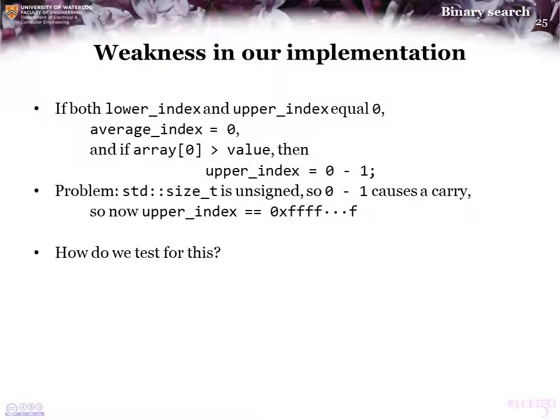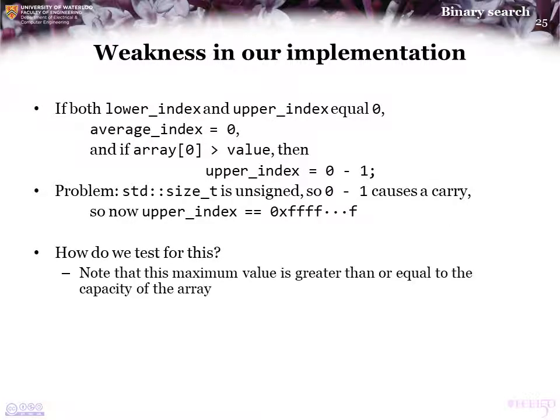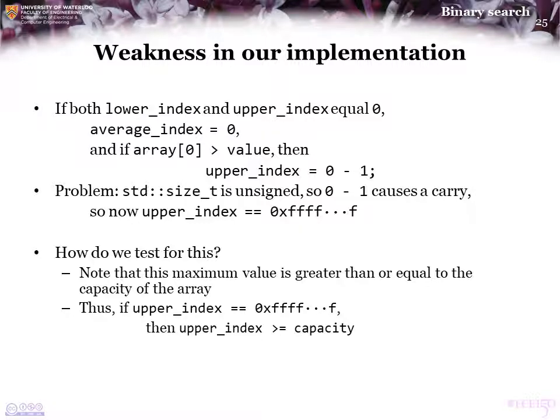How do we test for this? Well, notice that the maximum value that can be stored in standard size t is some value that's going to be greater than or equal to the capacity of the array. Thus, if upper index is equal to this maximum possible value, then upper index must also be greater than or equal to the capacity.